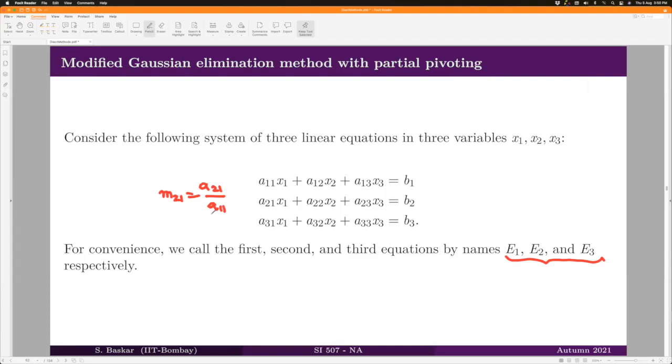So that is where we had a lot of restrictions on using the method, because the question is, what when A11 is 0? Then you cannot do the naive Gaussian elimination method as it is described. So what we will do is take the modulus of each of these and see the maximum of them, and that we will try to replace here.